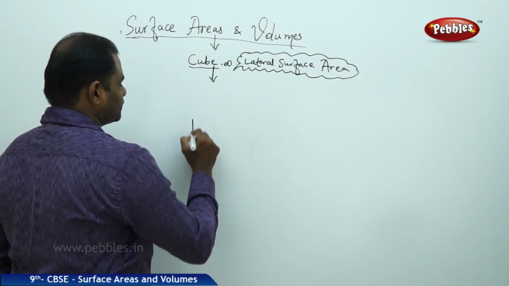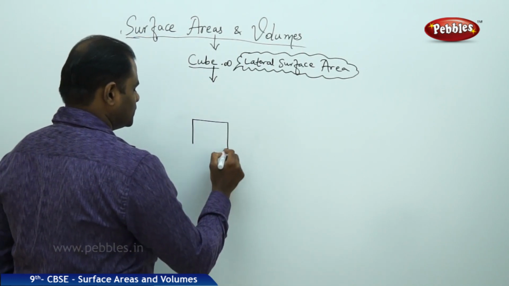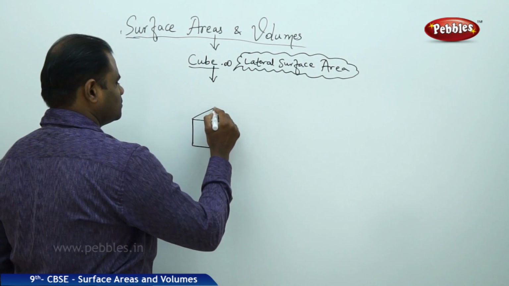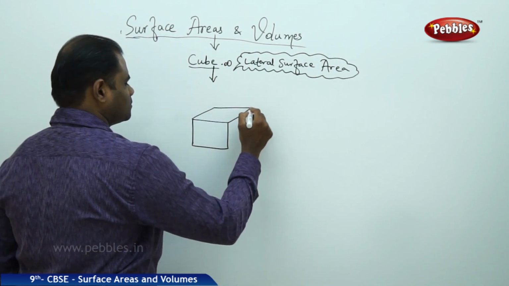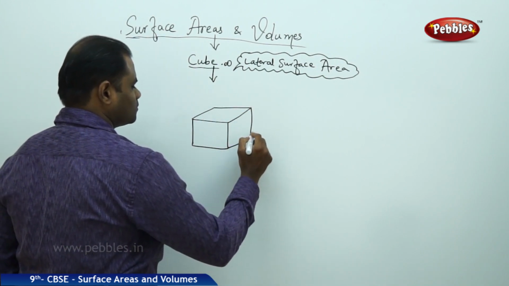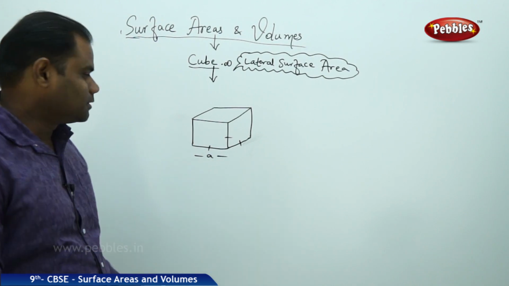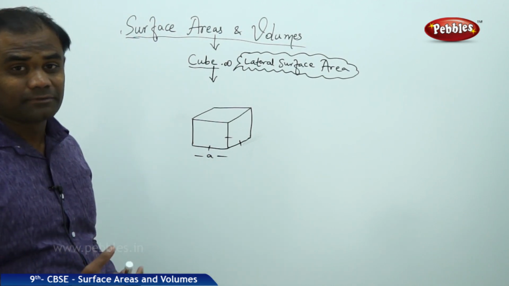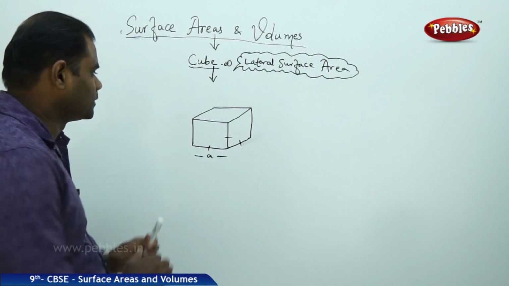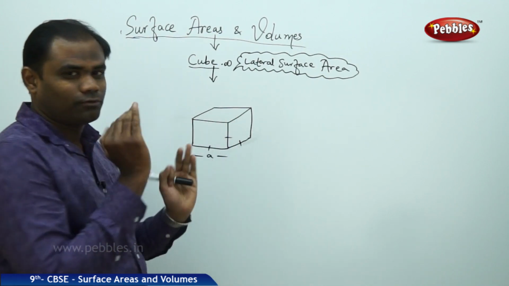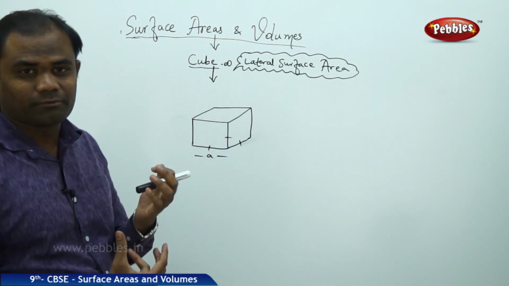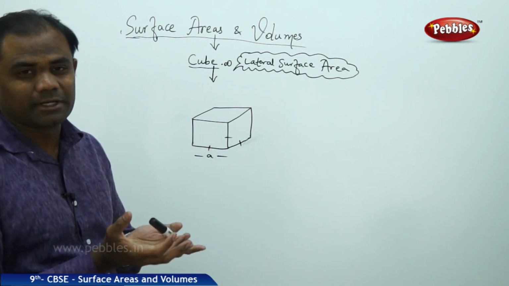So let's take the diagram. Here is the cube. So let's see the lateral surface area of this cube with side A. Clearly we see that there are 4 faces excluding the top and bottom face, which make the lateral surface area.